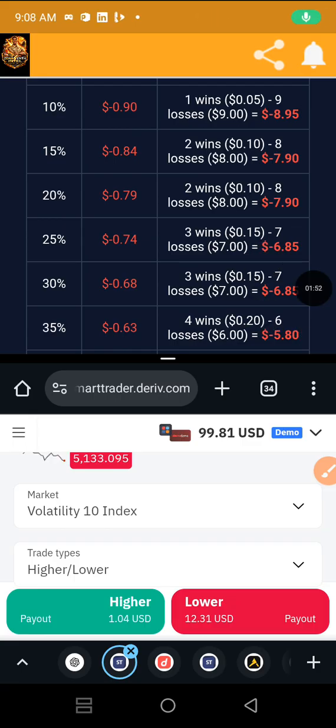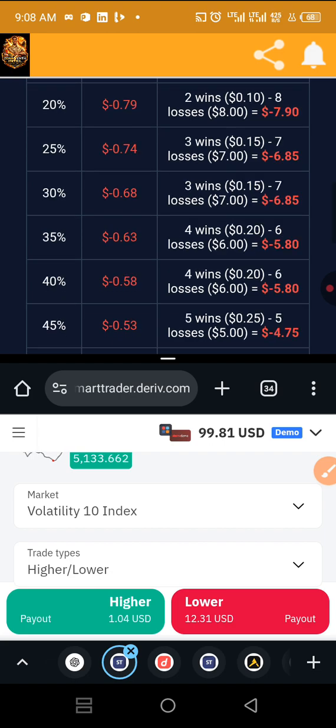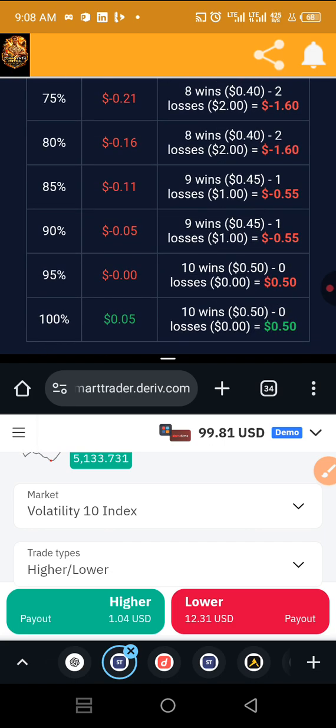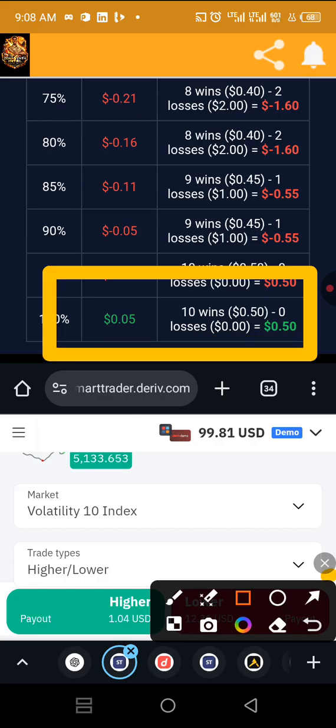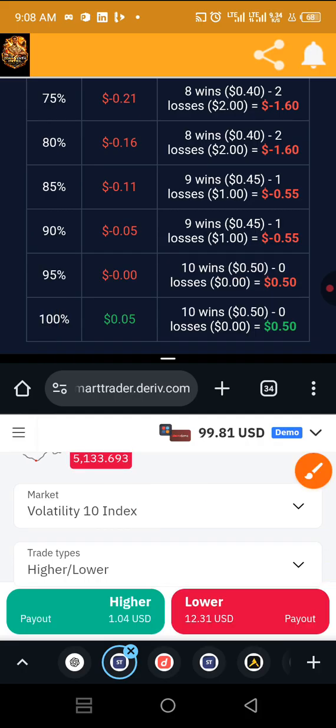So the work of an EV calculator is to give us information beforehand, to let us know whether the percentage we are targeting is profitable or not. From the look of things so far, the percentage that we are targeting is not profitable. It means we need a 100% win rate before we can be in profit, which means if you are taking 10 trades, all your 10 trades must be successful.